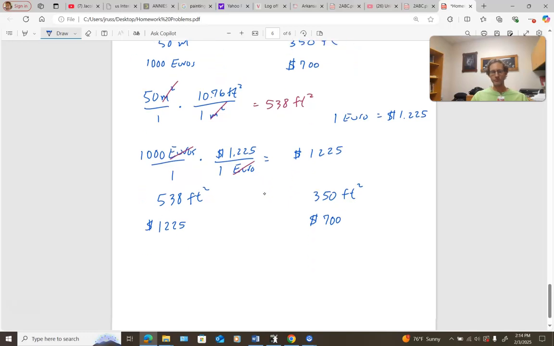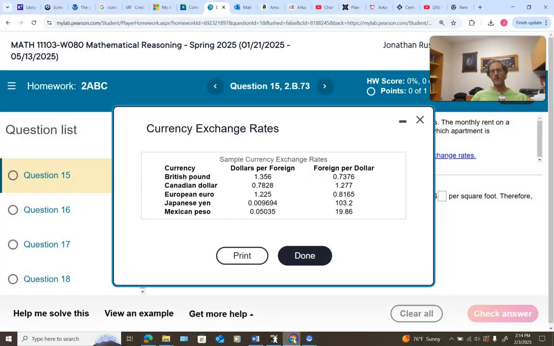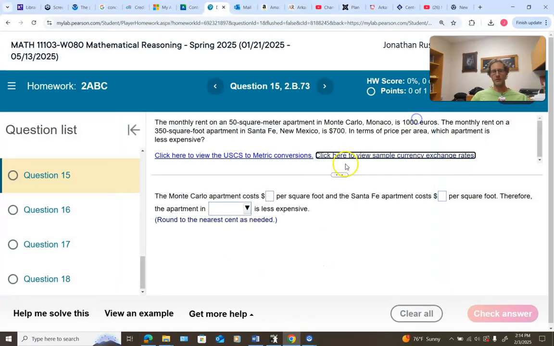So we have converted everything to square feet and dollars, so now we can actually compare the 2 apartments. So if we look back at our question, it's asking me for dollars per square foot.